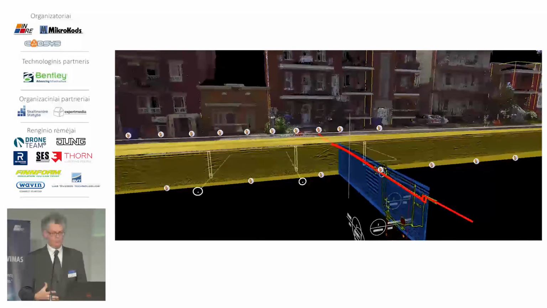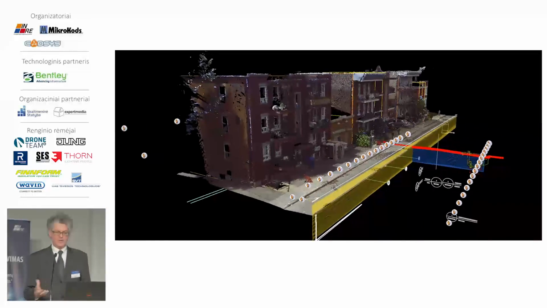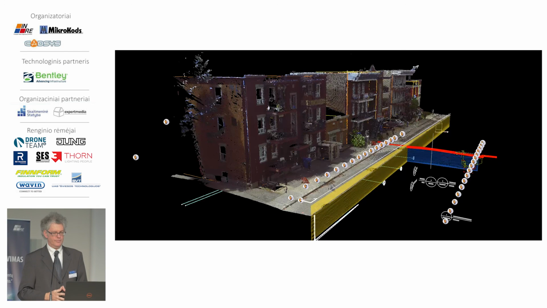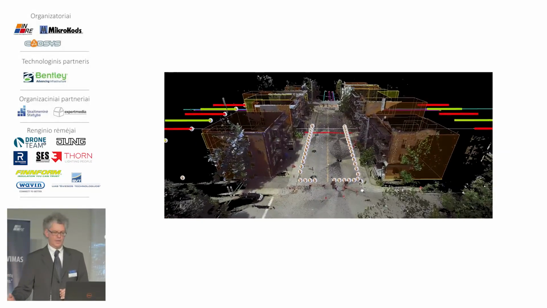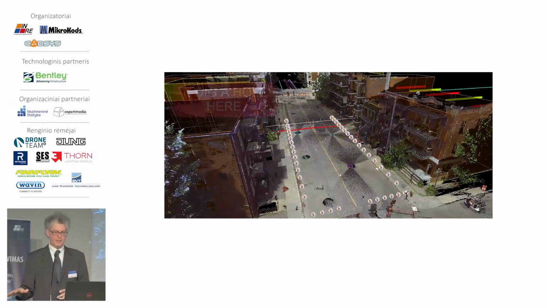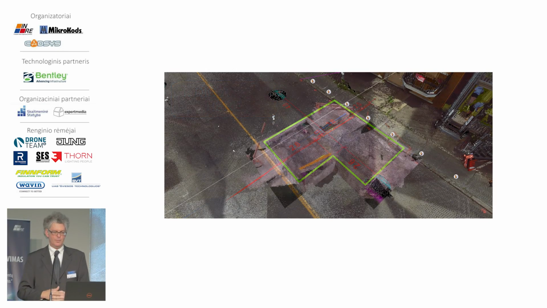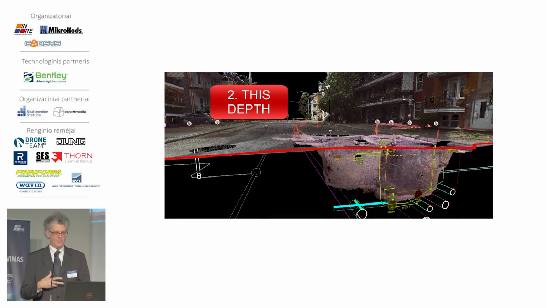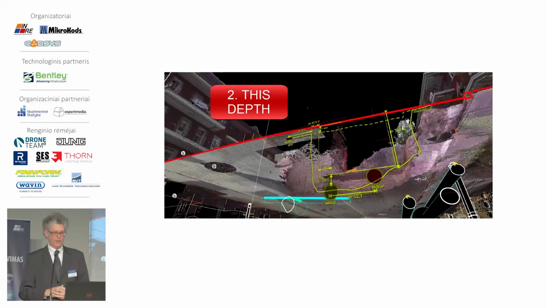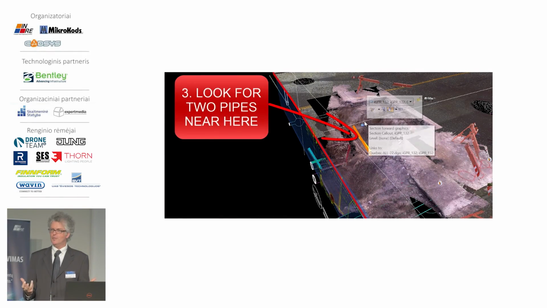So I think it's clear that integrating all those different data sets inside one model is bringing us a lot of benefit. And I can show it a little bit better that if you really go to roadworks, for instance, then you can do it as an instruction set, basically. So, for instance, there needs to be done something here. You have the measurements from the GIS, for instance. There comes the reality model picture inside, as well as integrated with the point cloud and the data that we have as a complete instruction set for the field.